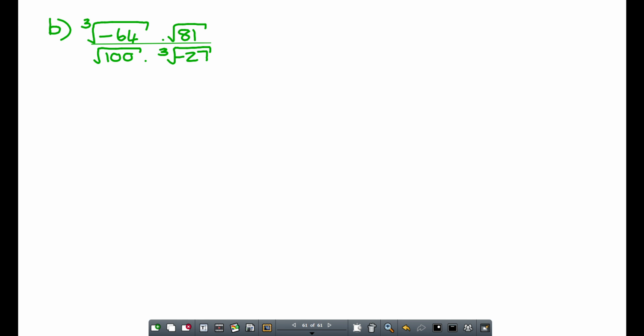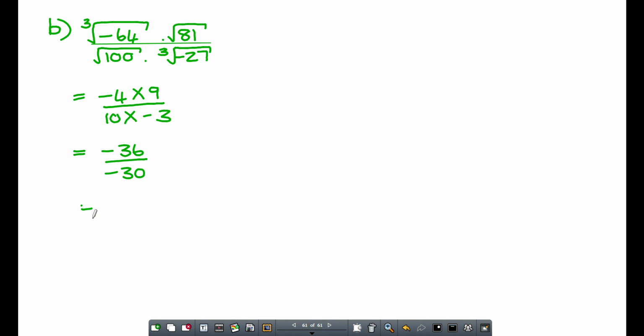Okay, right. So at the top, the cube root of negative 64 will be negative 4, and the cube root of 81 is 9. At the bottom, the cube root of 100 is 10, times the cube root of negative 27, which is negative 3. So at the top you should get negative 36 and at the bottom negative 30.